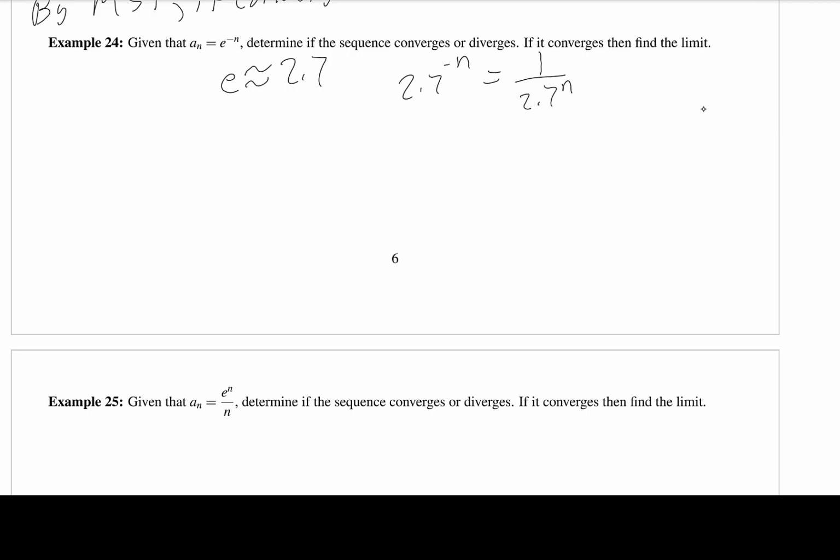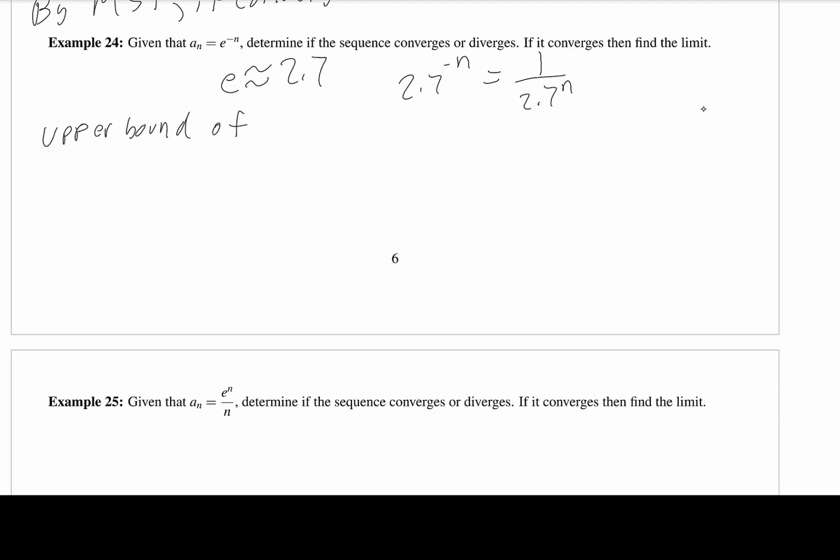So again, our denominator is just going to be getting bigger and bigger and bigger, making this fraction smaller and smaller and smaller. So I'm going to say that we have an upper bound of 1.